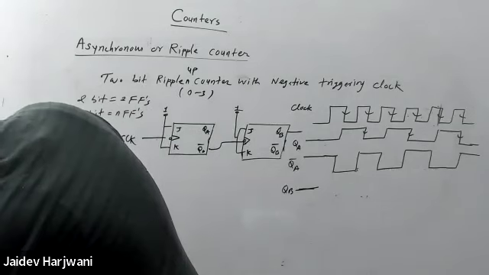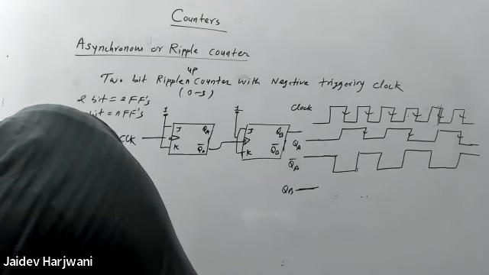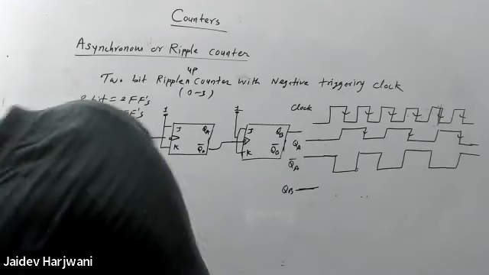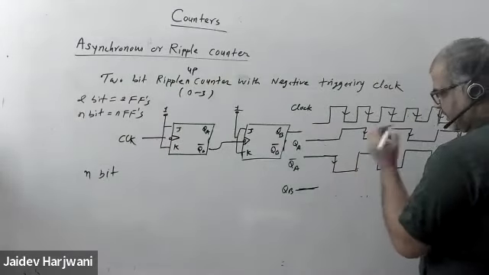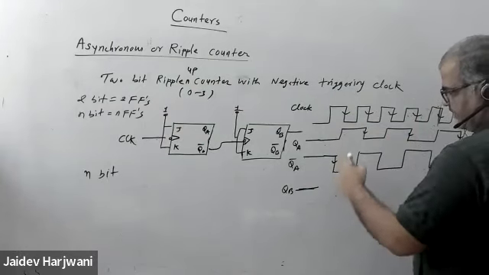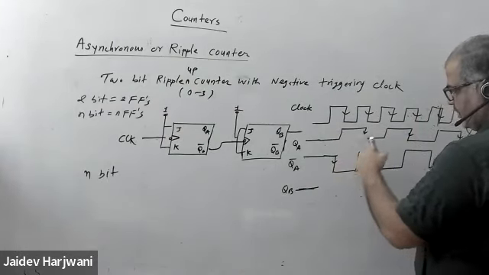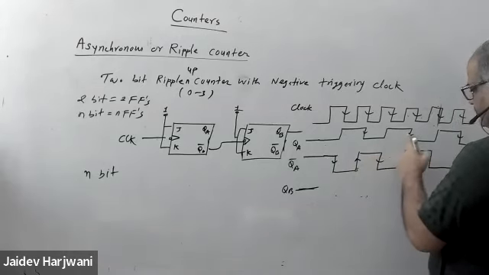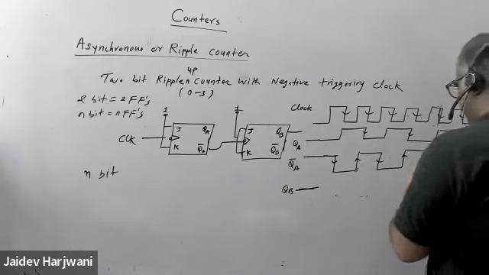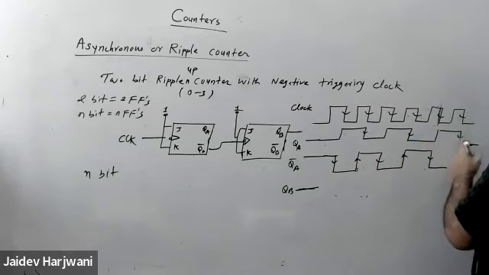So basically when this is going up, this is coming down, this you have to remember. When this is going up, this is going down, and when this is going down, it's going up. It is the opposite.